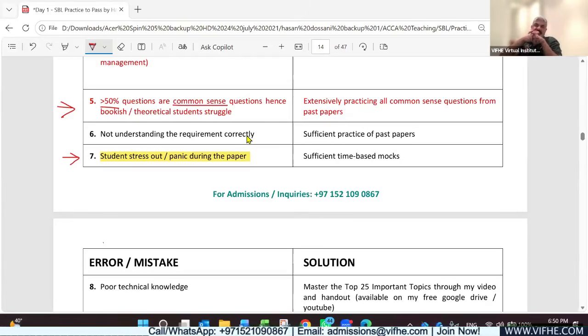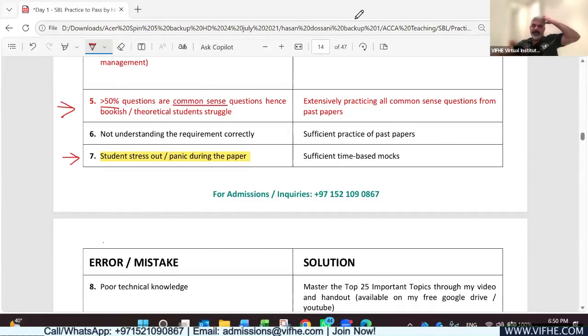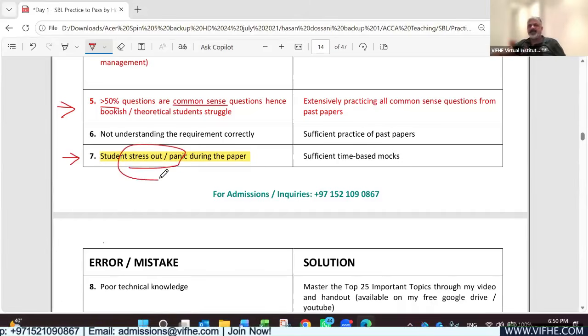How do we fix this? How do we make sure that you don't panic or stress out? Yes, very good, Hadika. Time-based mocks. Try to do at least 5 time-based mocks.